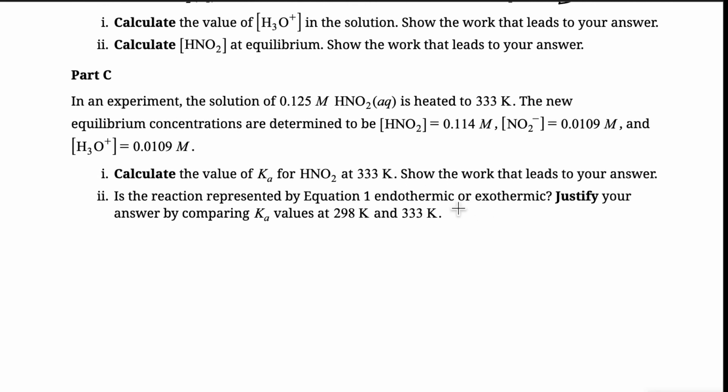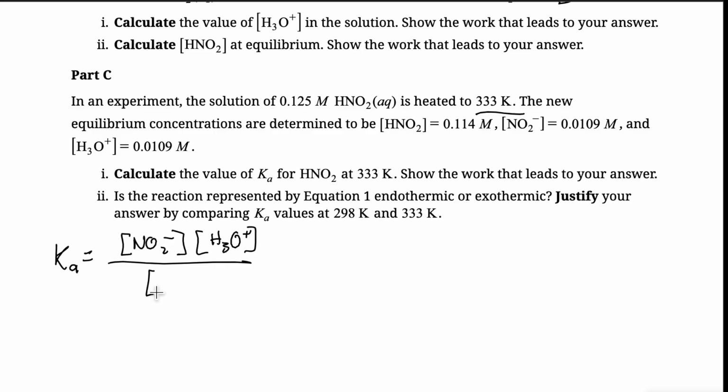Part C says, in an experiment, the solution of 0.125 HNO2 is heated to this. The new equilibrium concentration is determined to be this. Calculate the value of Ka for HNO2 at 333 Kelvin. Show the work that leads to your answer. So we already set up a K value earlier, and we said that this was NO2 minus times H3O plus all over HNO2.